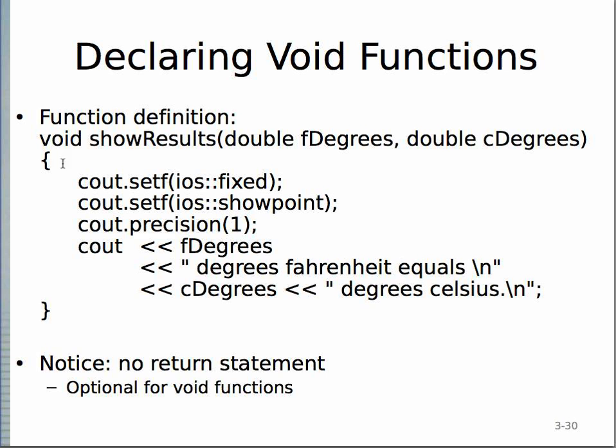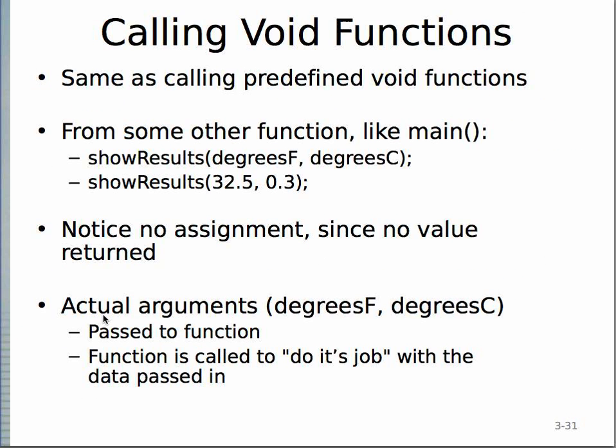In this case, it's void. You can put a return statement by itself, return semicolon, or omit it completely. How do you call void functions? Basically the same way, except you don't assign the return value because there is no return value. And so, yeah, you guys have used it in Java.